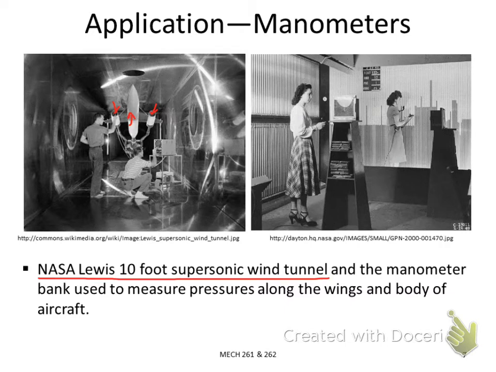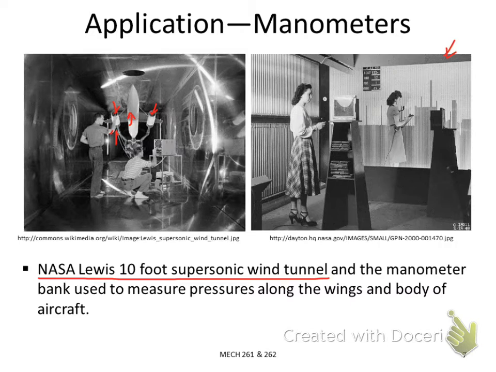What they do, you can see in this photograph, is connect those tubes to the surface of the aircraft, and the tubes are finally connected to a few manometer banks. In this case, each manometer bank has 60 manometers, so you can measure the pressure at 60 different locations for each bank.